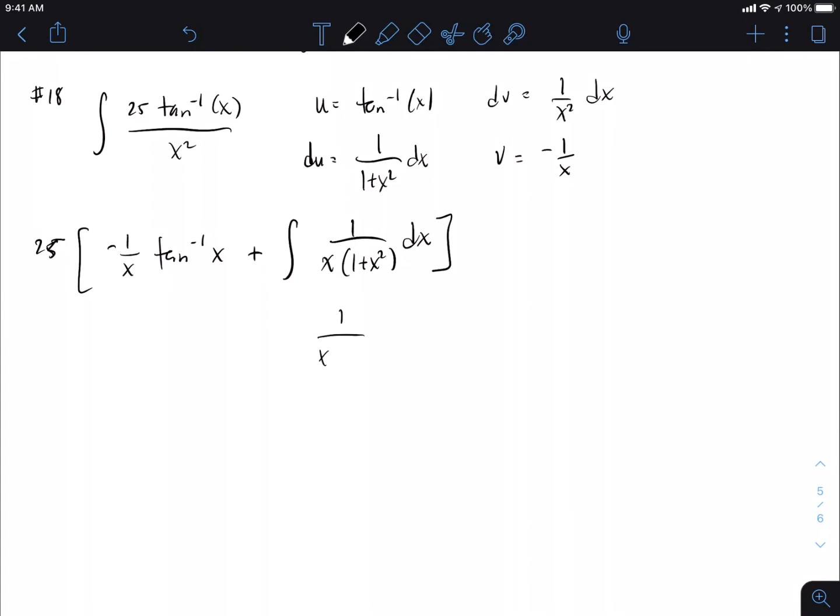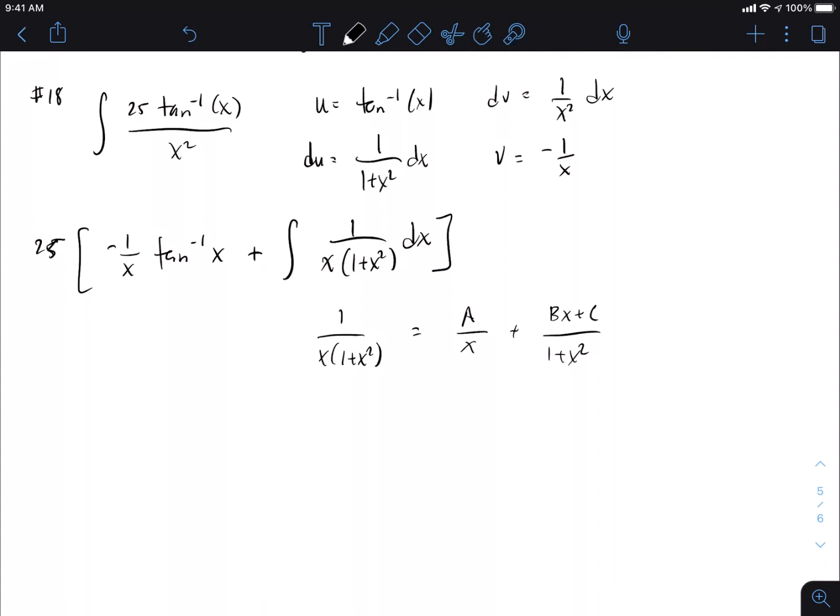1 over x times 1 plus x squared is equal to a over x plus bx plus c over 1 plus x squared. Do you agree with that? Yeah.